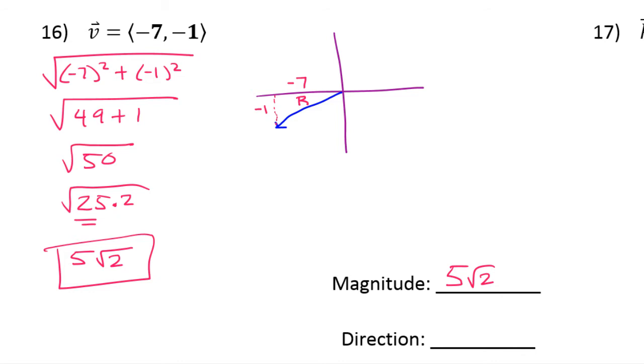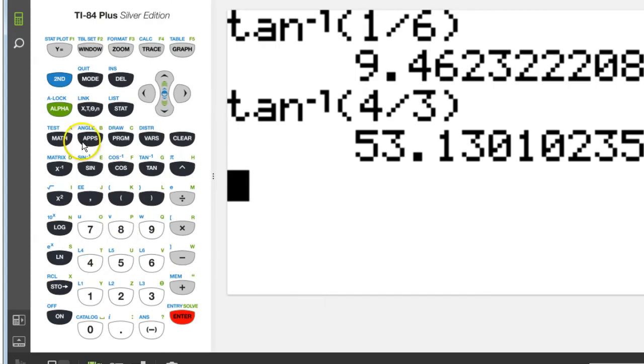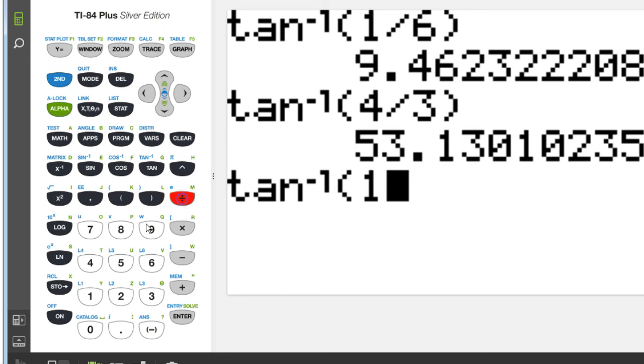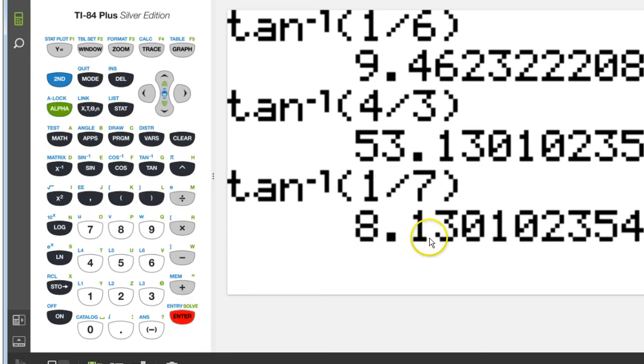So we will say that the tangent of angle R is 1 over 7. Angle R will equal the inverse tangent of 1/7. So angle R, as we consult our calculator, is 8.13.